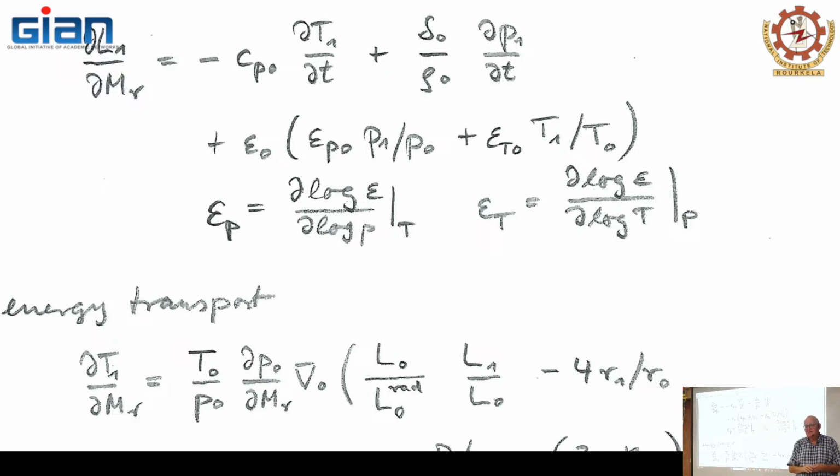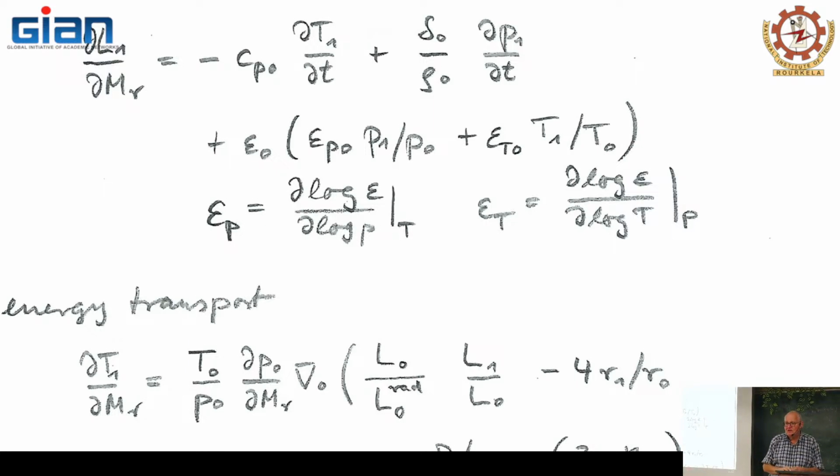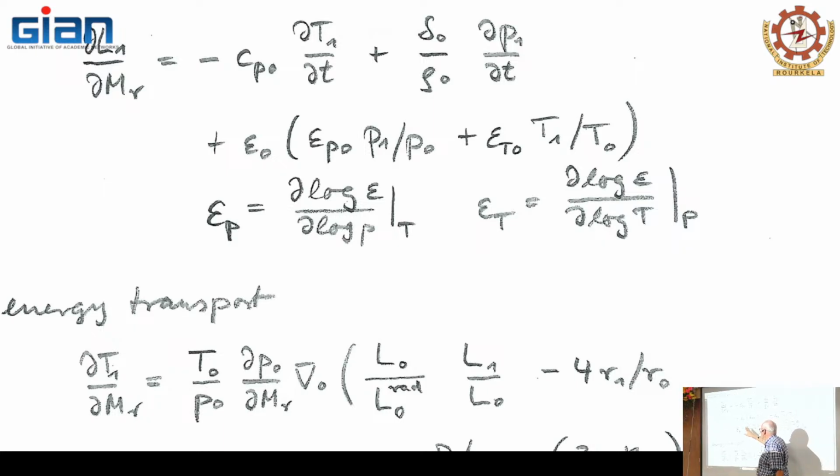And once you linearize the energy generation rate, if you want to take it into account, it is given by the energy generation in the hydrostatic model times some coefficient which corresponds to the logarithmic derivative of the energy generation with respect to pressure, or with respect to temperature, which have to be multiplied with the relative perturbations of pressure and temperature here.